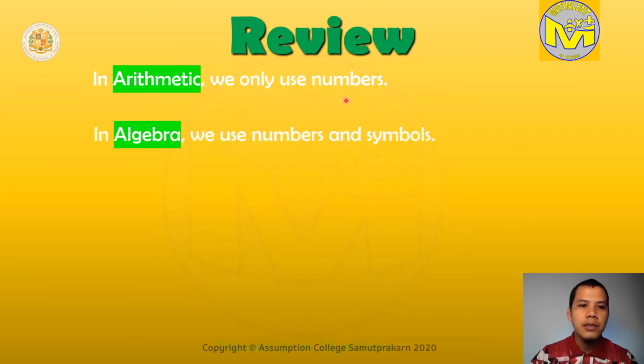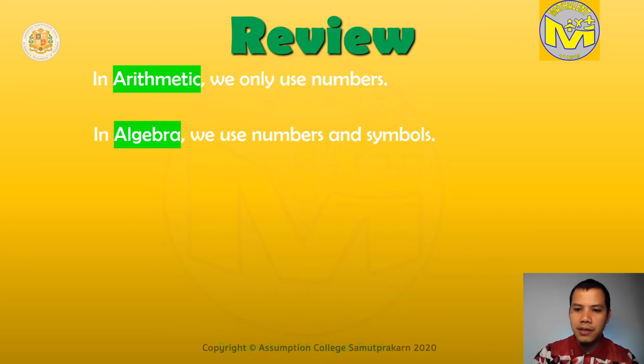The next word is algebra. In algebra, we use numbers and symbols. Remember, we have numbers and symbols in algebra like 2x, 3x, 5y, 2z, or any number and letter.